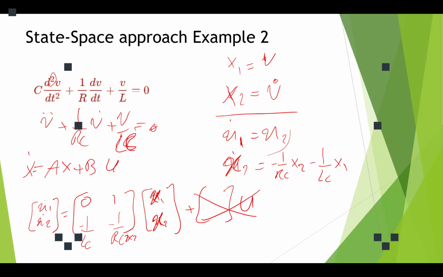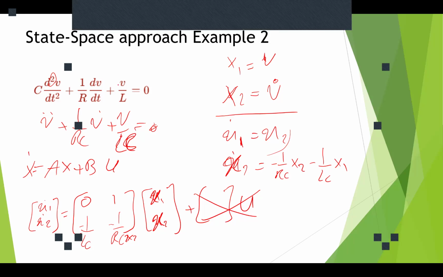Now, here, obviously, we are solving for V, correct? So our y is V. What is V? x1. So y is equal to a C matrix times x1, x2, and we don't have any u, so I'm ignoring that Du term.